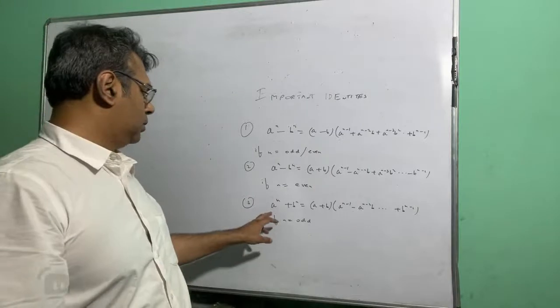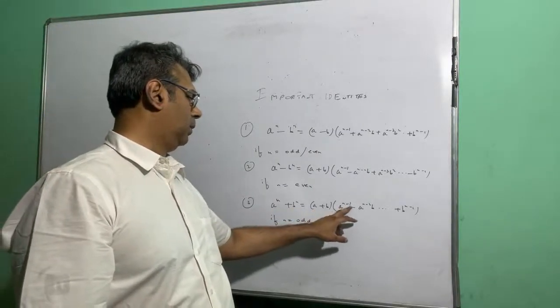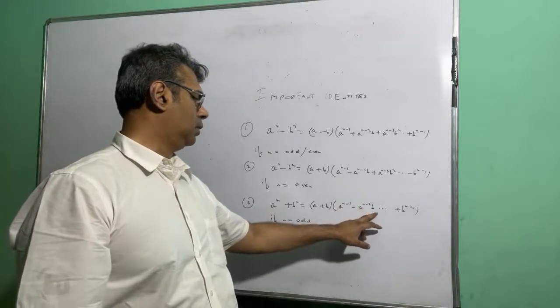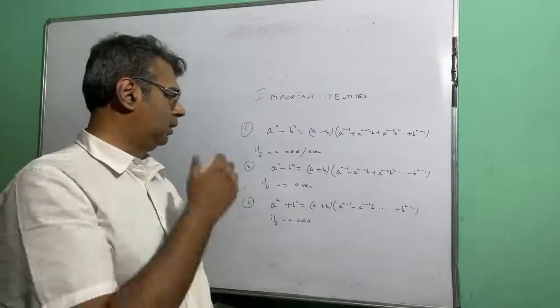Okay, sorry for that interruption. Number 3, a to the power n plus b to the power n is a plus b, a to the power n minus 1 minus a to the power n minus 2b up to b to the power n minus 1 if n is odd. So this is identity number 3.